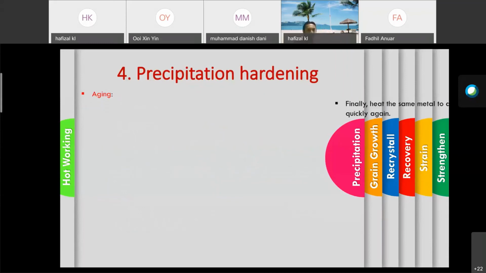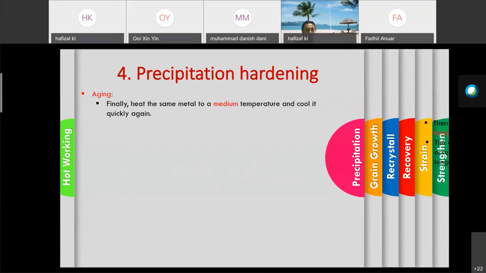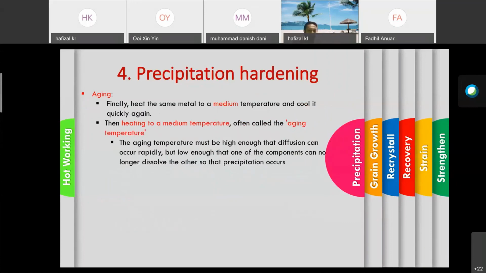For aging, they increase the temperature to a medium temperature and hold this temperature for some time. Then they start to reduce the temperature to make it cool.